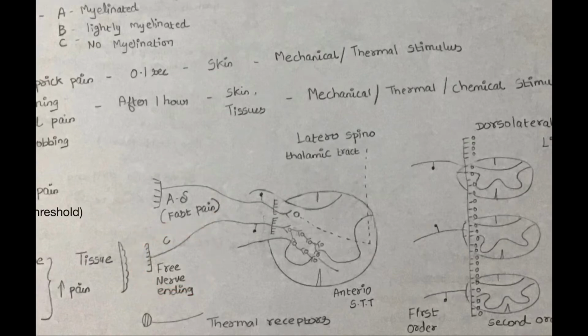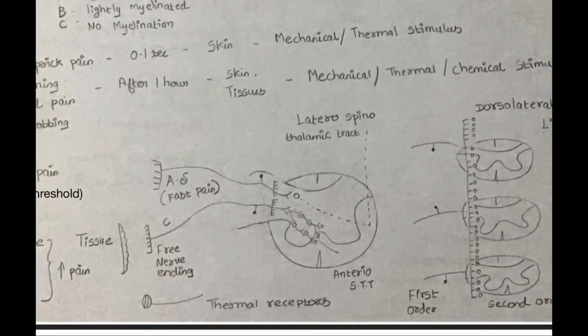slow pain. And also note down this: the sensory nerve fibers from the thermal receptors which carry the temperatures such as cold, warm or hot, they go along with these pain fibers. So wherever these pain fibers go from the spinal cord to the cerebral cortex, these thermal fibers also go along with the pain fibers.